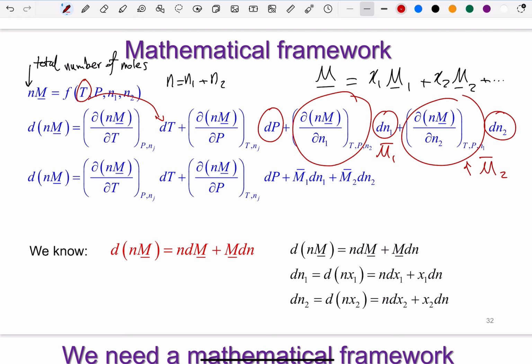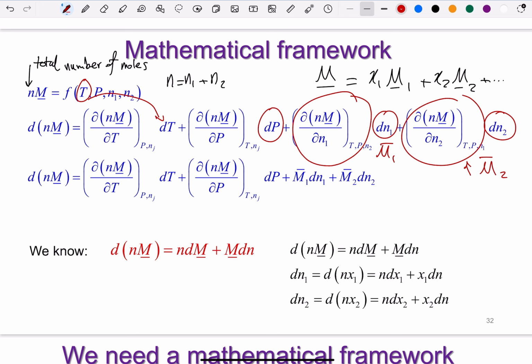So I'm going to replace that over there to write it more compactly. And I know the change in the total property, d(nM), is going to be n times dM plus M times dn. So that's the multiplication rule for derivatives, right?